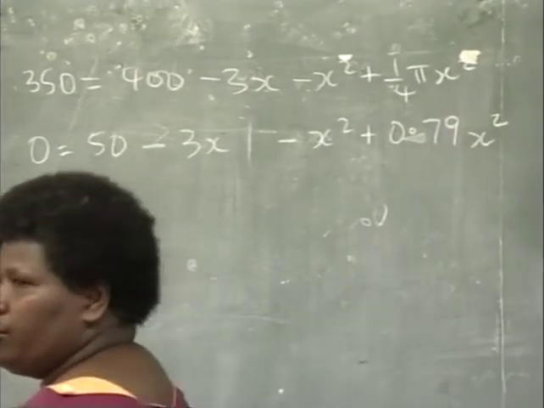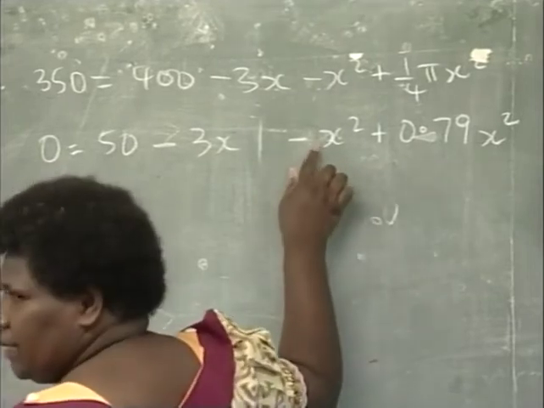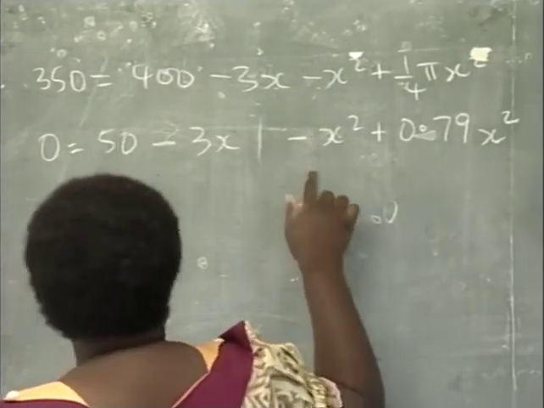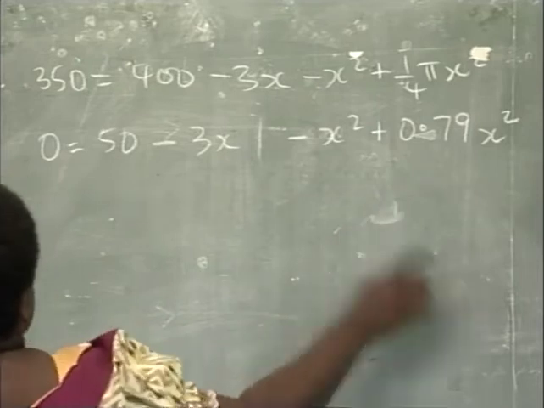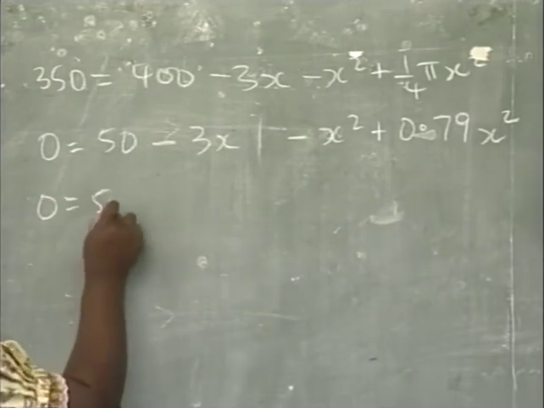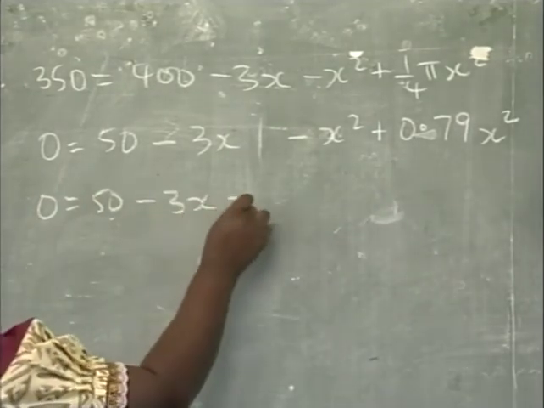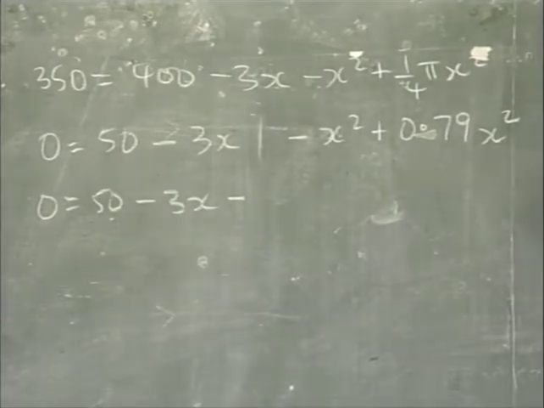Now you have to subtract 1 because this is minus 1x squared. Subtract 1 from 0.79. What do we get?